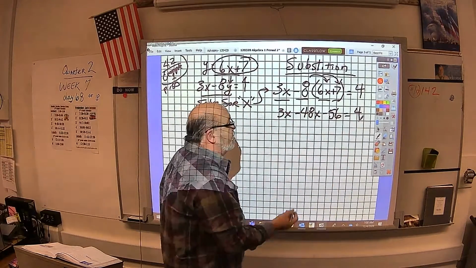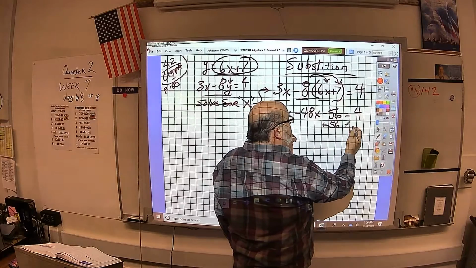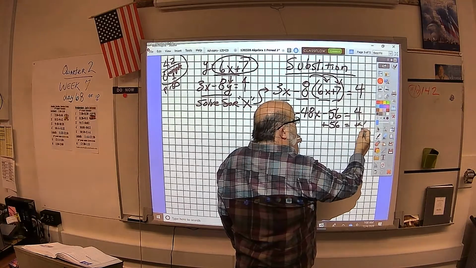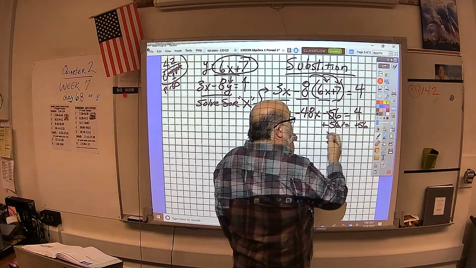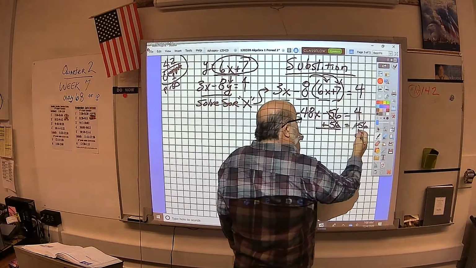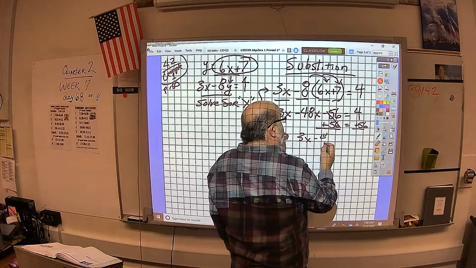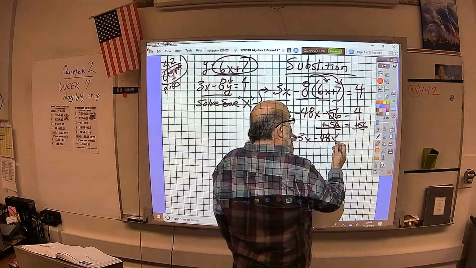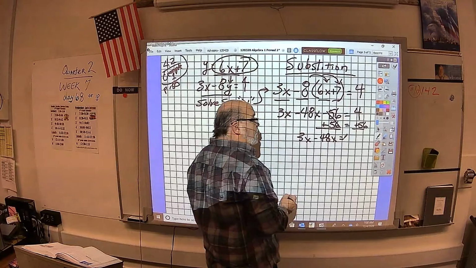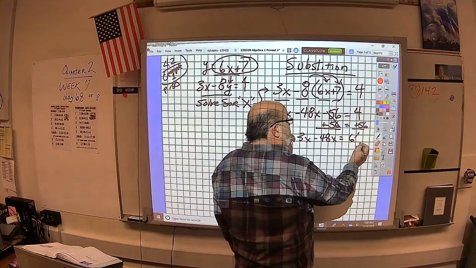Now we're going to add 56 to both sides, getting rid of this 56 on the left. And that will get us to 3x minus 48x equals 60.